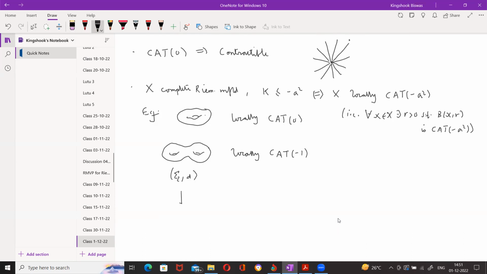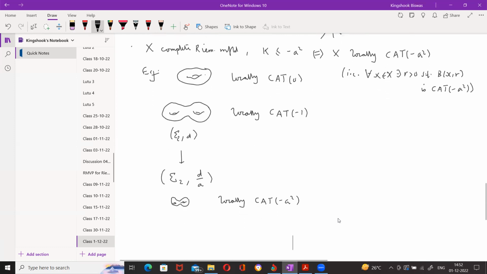If I rescale this, if I divide the metric by a, then it becomes much smaller. Then the curvature becomes -a². This will be locally CAT(-a²). So if I divide by a large constant, then the curvature becomes very negative, so it becomes locally CAT(-a²).